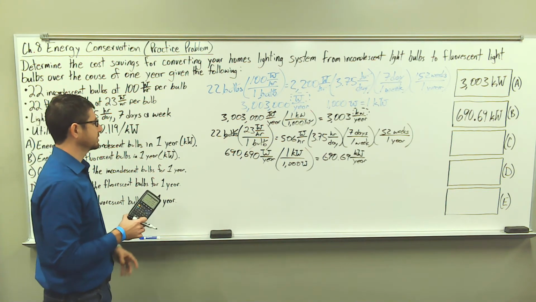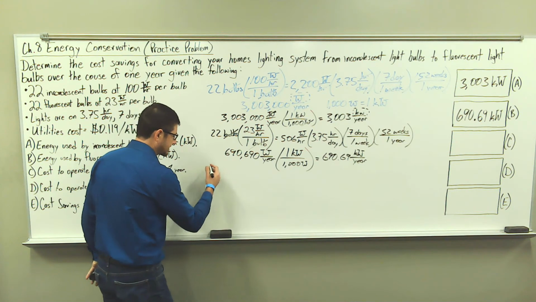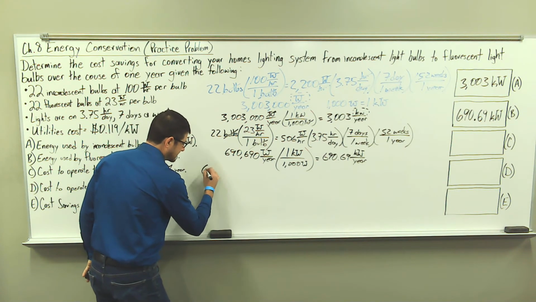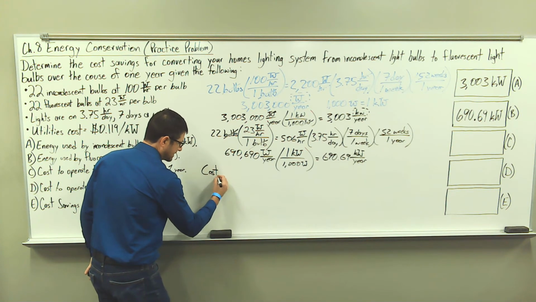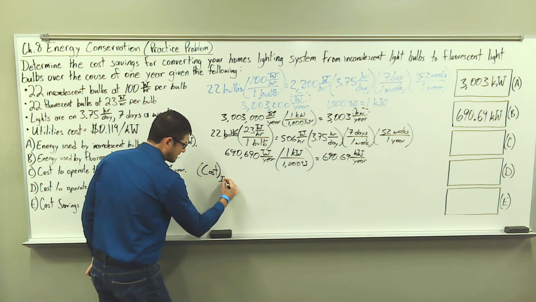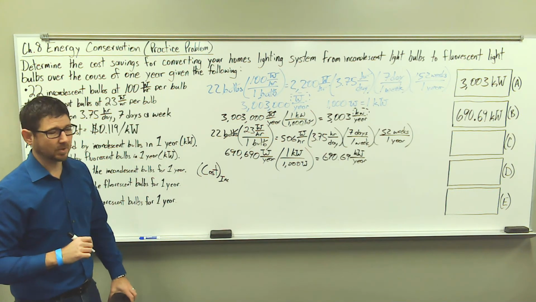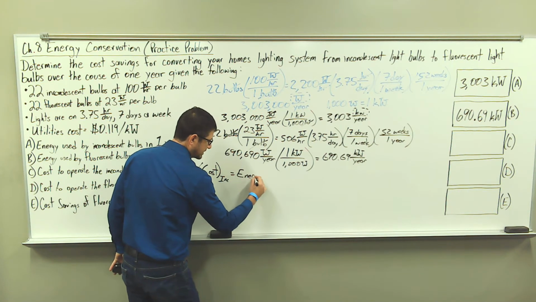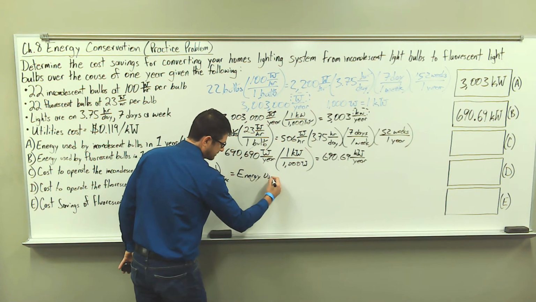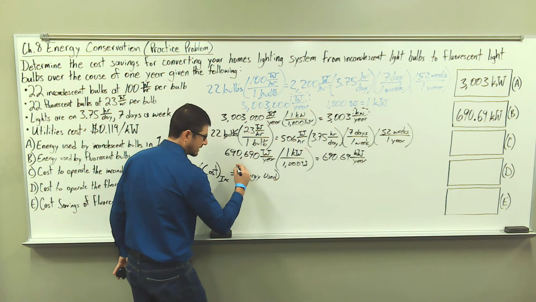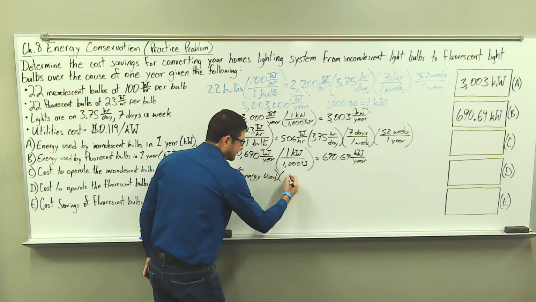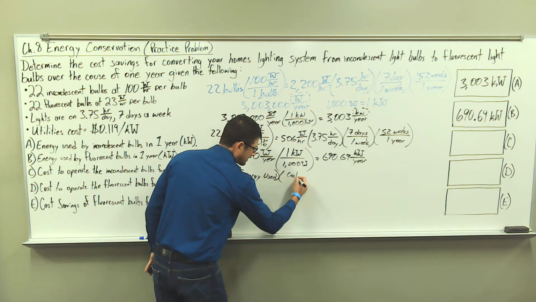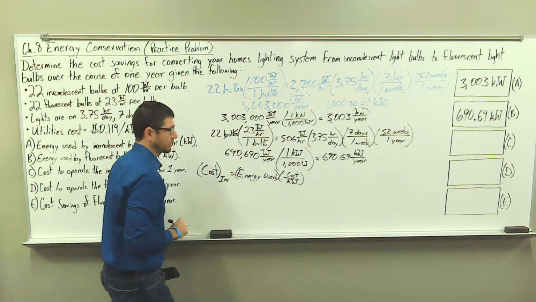So what we're going to do is, and I'm going to use a subscript of INC for incandescent, cost of the incandescent bulbs is going to be equal to the energy used times the cost per kilowatt. Okay?